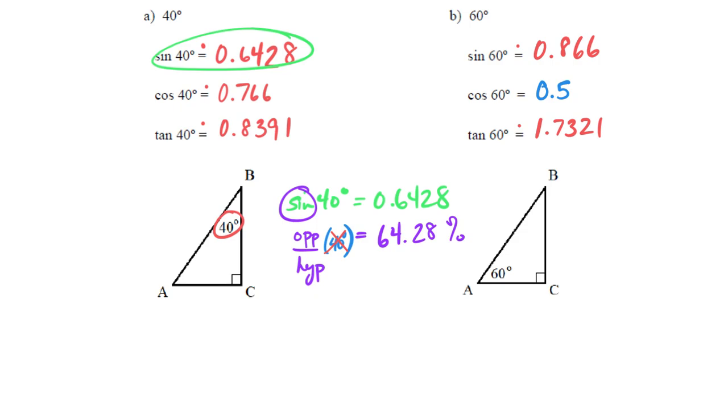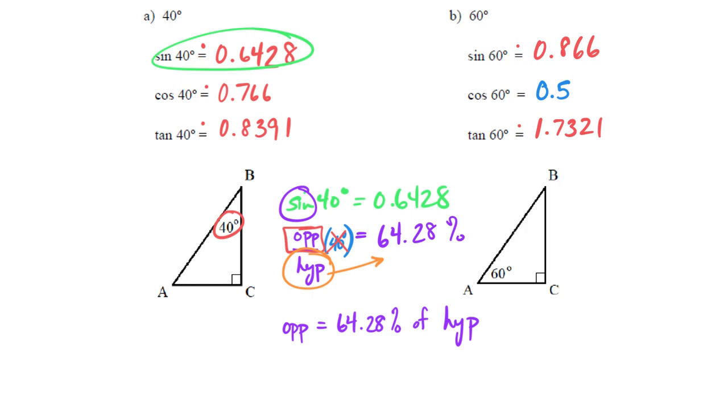But instead, I solved for my opposite. That means I have to get rid of the divide by hypotenuse, so I'm going to multiply that out. My purple equation can look like this: my opposite side is 64.28% of my hypotenuse. And that becomes extremely important. Take a look at my triangle on the left with my 40-degree angle in it.